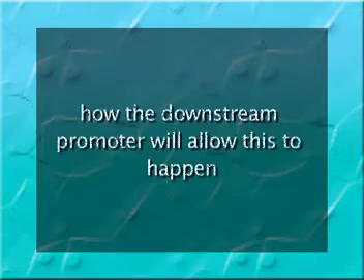Now, the question arises how the downstream promoter will allow this to happen. It is possible that the RNA polymerase binds to the promoter, then moves back to the transcription start site and starts RNA synthesis. Alternatively, the DNA folds back in such a manner that it can start the transcription while bound at the promoter region.